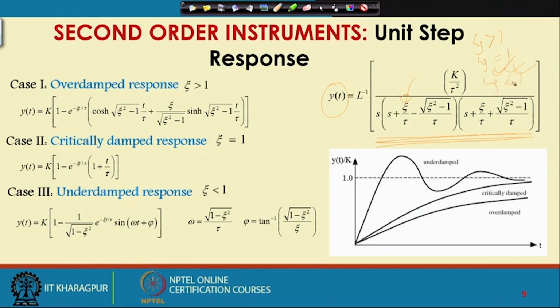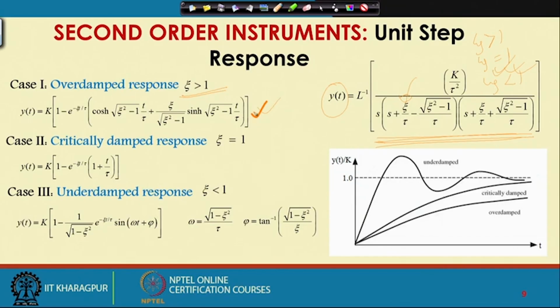So, depending on 3 such values, we can have 3 different types of expressions for y(t). Now, when zeta is greater than 1, we get this expression, and this is known as overdamped response. Zeta is damping factor. So, when the value of this damping factor is greater than 1, the response I get is known as overdamped response, and this is given by this expression.